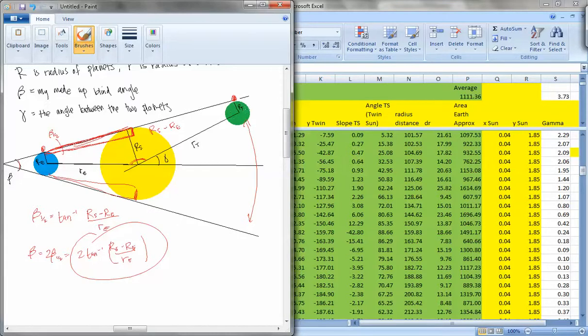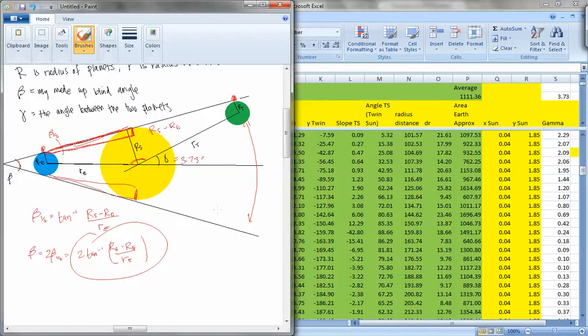What is the maximum value that gamma can be such that the twin planet would just barely be hidden from the Earth? I'm trying to see whether or not that is, with this particular case of the double ellipse, about 3.73 degrees.